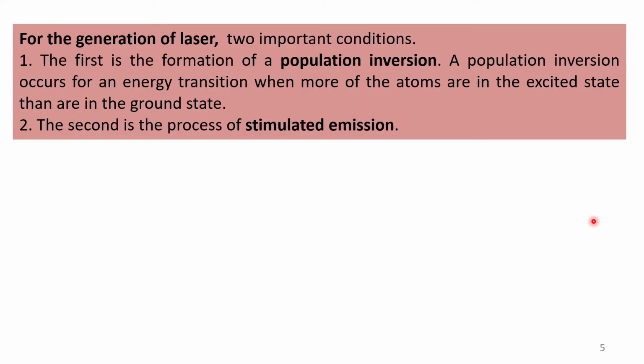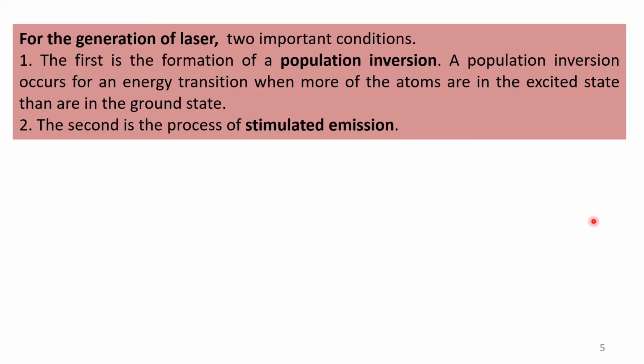Students, for the generation of the laser, any device must satisfy two important conditions. The first is the formation of the population inversion. The population inversion occurs for an energy transition when more of the atoms are in the excited state than are in the ground state.